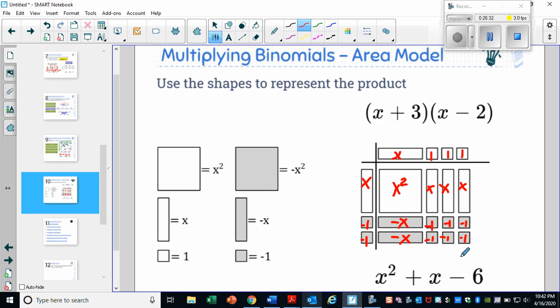So now, you have x squared. There's no other x squared, so that's the only one that's going to be an x squared term. So that's where this x squared comes from. Comes from this guy here.